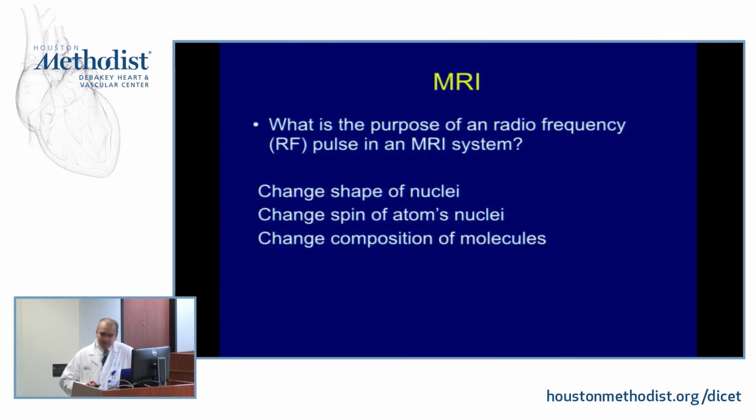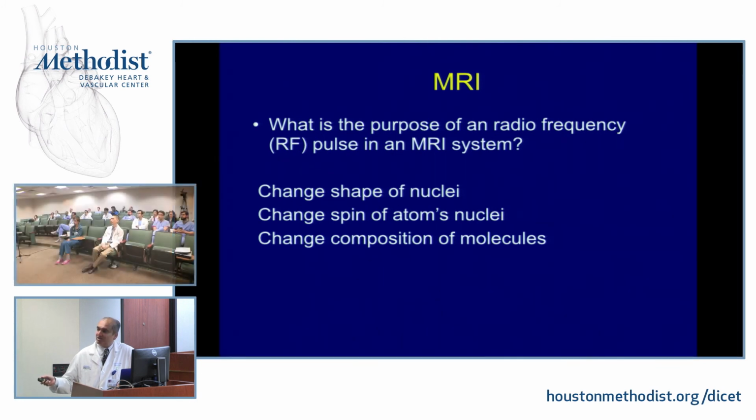Now, obviously we know about the magnet, and I also talked about the radio frequency waves. So what's the purpose of these radio frequency waves that we use in an MRI system? Is it to change the shape of the nuclei, to change the spin of the atom's nuclei, or to change the composition of molecules? How many think it's to change the shape of the nuclei?